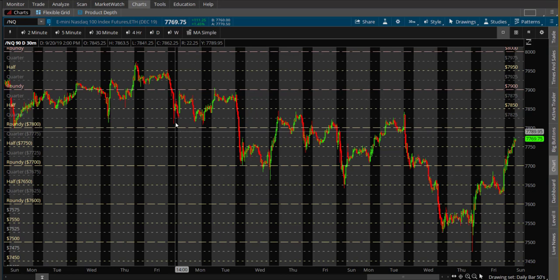And I'm using the actual candles and these lines just like you would use an RSI or a stochastics. Are we reaching an extreme? Are we anywhere near a quarter, a half, a roundy? And if we are, is there any conviction in the candles? Are we coming into that same level near a previous rejection? Are we coming back into it again? Right? All of those things help me determine if I want to pull the trigger and get into a trade.